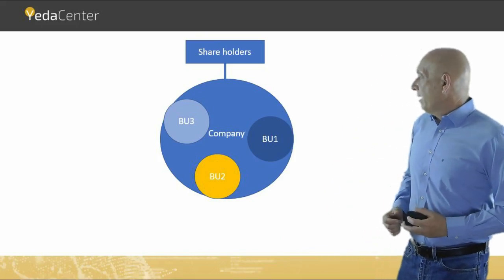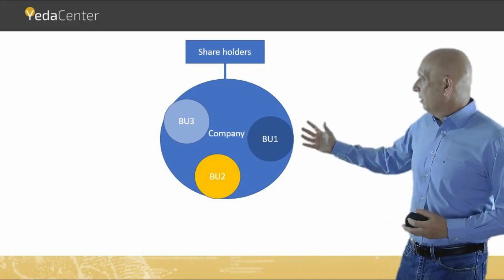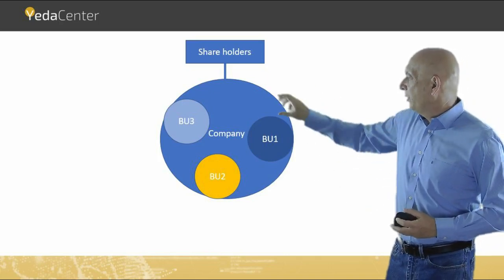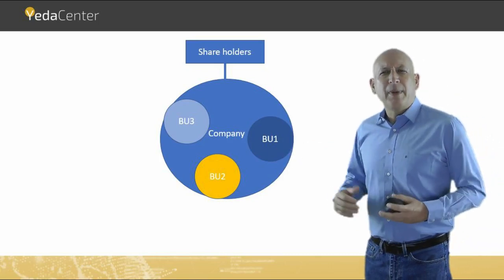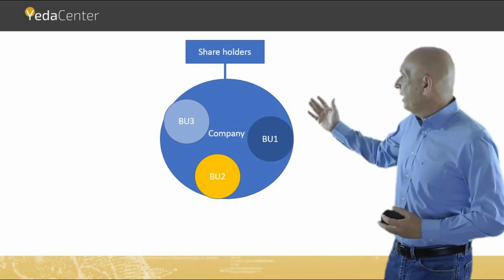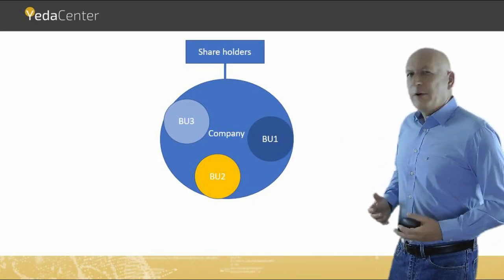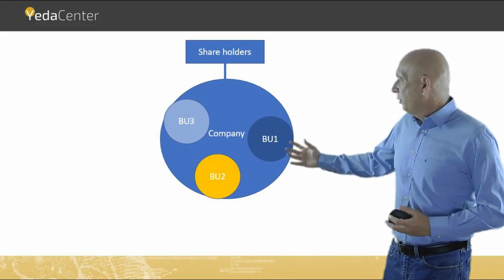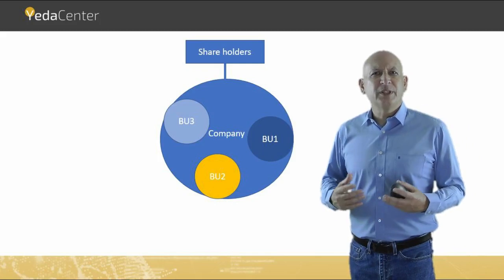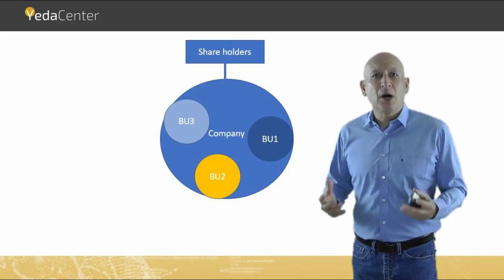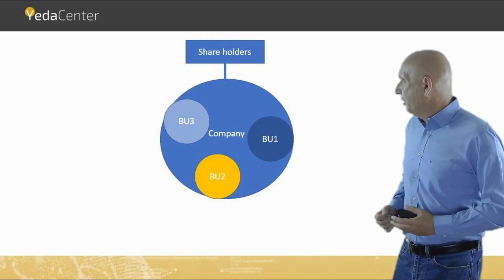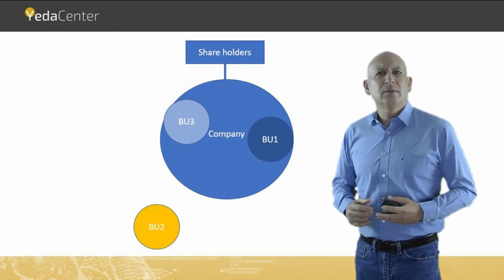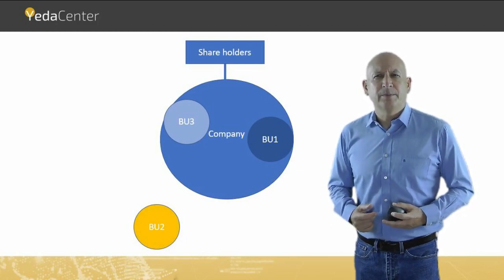So you can see here an example where we have a main company. It has an additional three business units: business unit 1, business unit 3, and business unit 2. By the colors, you can see that business unit 1 and business unit 3 have a very strong correlation with the main company, while business unit 2 is sort of an odd one, maybe with a different business strategy, different market, different product, and therefore it can make sense to spin off business unit 2 and make it a separate company.